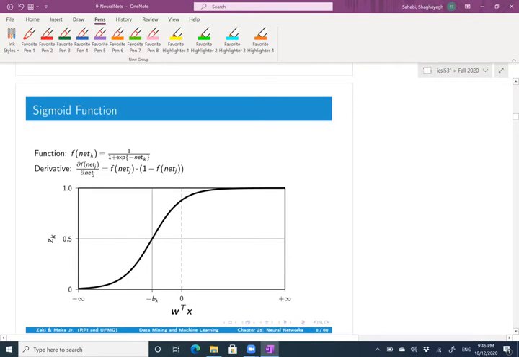And it's basically a very smooth version of the step function, right? So in step, what we had was something like this. Now in sigmoid, what we have is a smooth version of step, right?